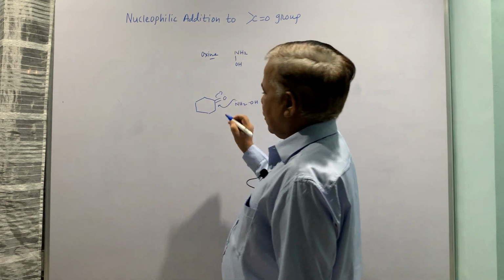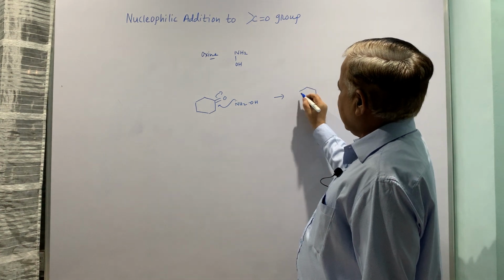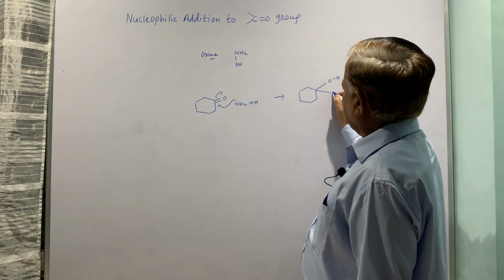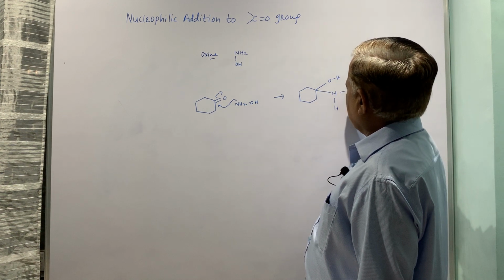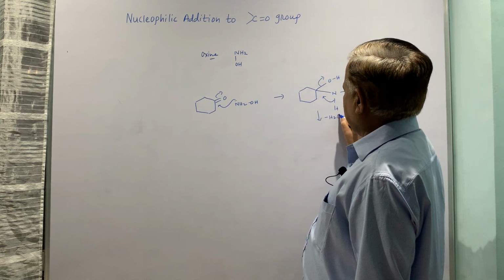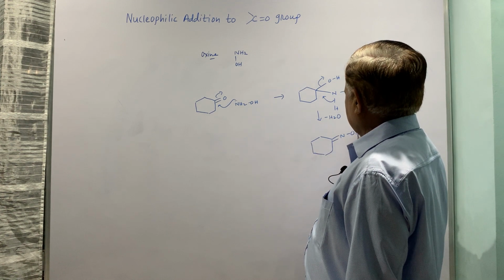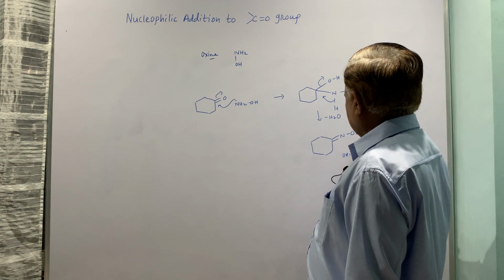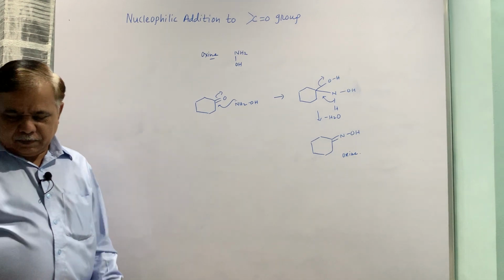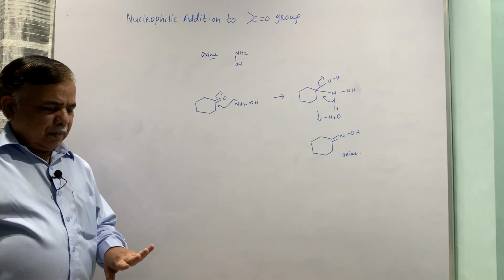Actually, it exists as hydroxylamine hydrochloride salt, but then in mild base, this free base is liberated and you have NH-OH, and loss of water can make it oxime. Now, this is the oxime of cyclohexanone.